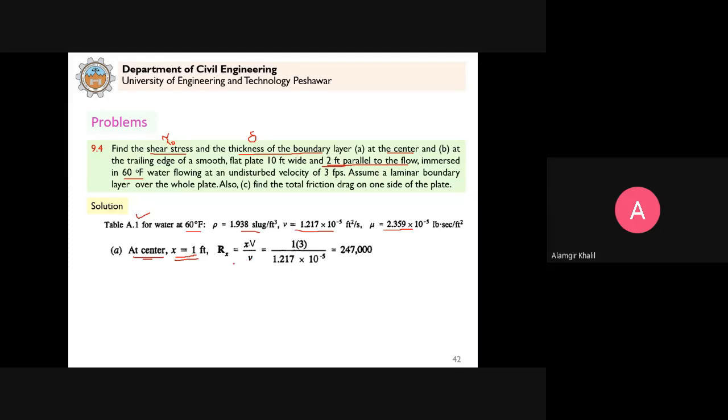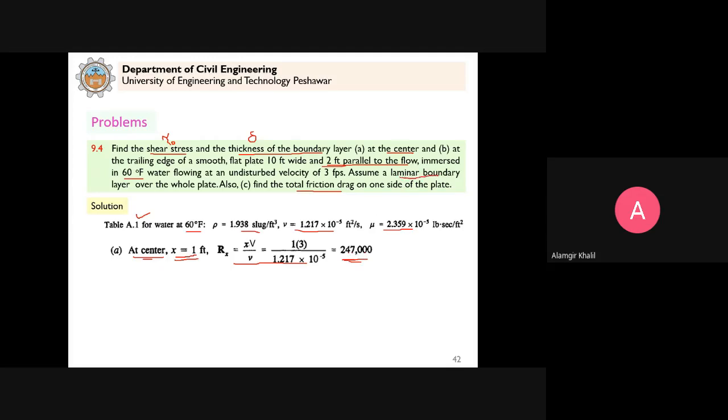So for that we need to calculate the Reynolds number, because earlier we stated that we have separate equations for shear stress and thickness of boundary layer and to calculate the friction drag for laminar and turbulent flow. So that's why we need to first determine whether the flow is laminar or not. Now it is 247,000.